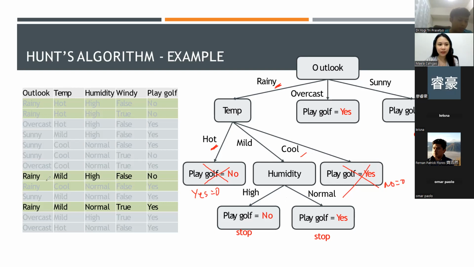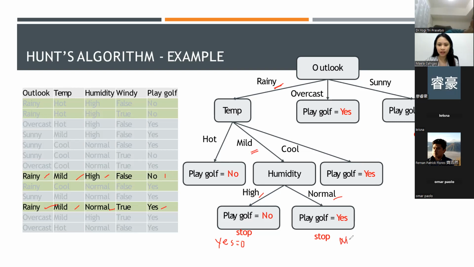Okay. How about for humidity? For humidity, we only have, let's say, rainy, mild, and high. So let's focus on rainy, mild, and high. We have one no, and we don't have any yes anymore. And for the other one, it is rainy, mild, normal, and yes.